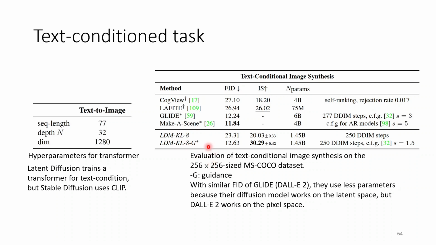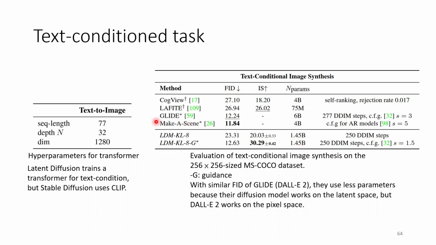One with guidance, and the guidance scale is 1.5, and another doesn't use the guidance scale. So the one with the guidance scale generates a better result. And this is, I think this is the most important column here. This is the number of parameters. Their model, even for the text condition, there are only 1.45 billion parameters.